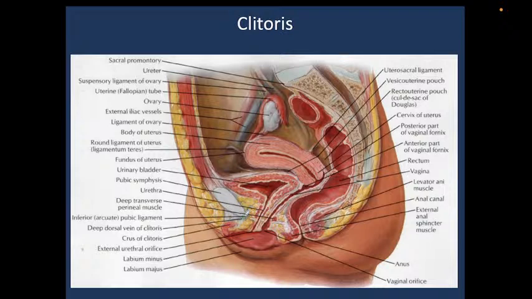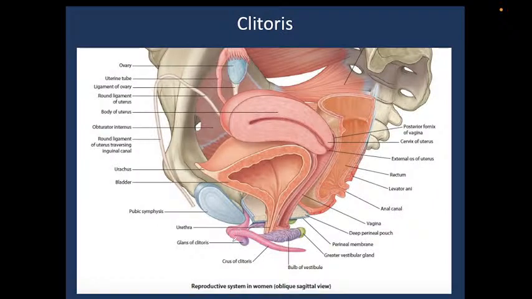The clitoris is located between the mons pubis and the lowest part, just below the pubic symphysis, and is connected with a ligament, the deep suspensory ligament of the clitoris.